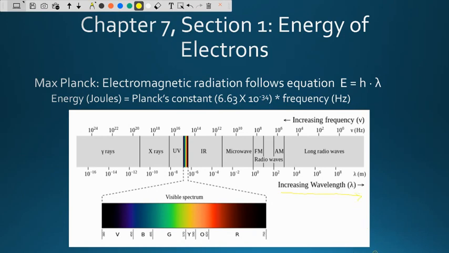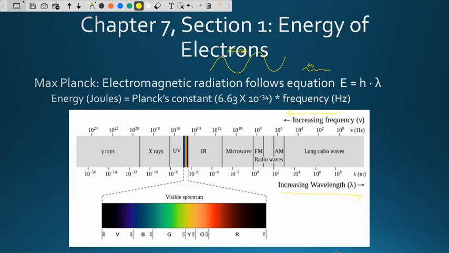As we're increasing wavelength, our frequency is actually decreasing, okay? So what that means is the waves are going up and down on a larger scale versus a smaller scale, and the number of times that it's going to be doing that is going to be a lot slower in this distance than it is in this distance, okay?